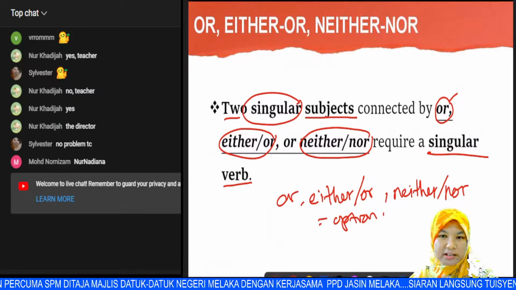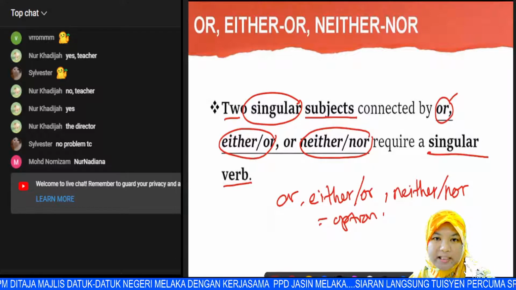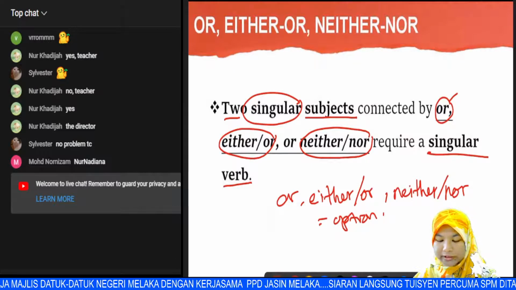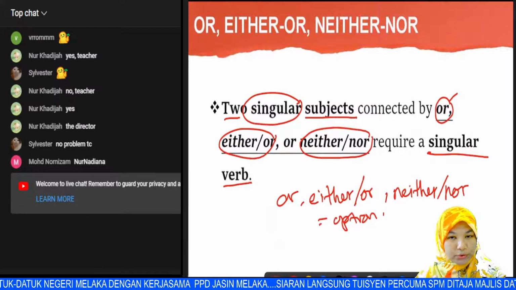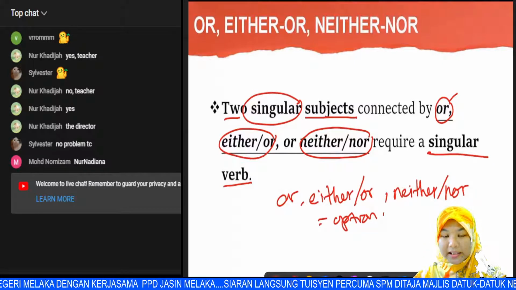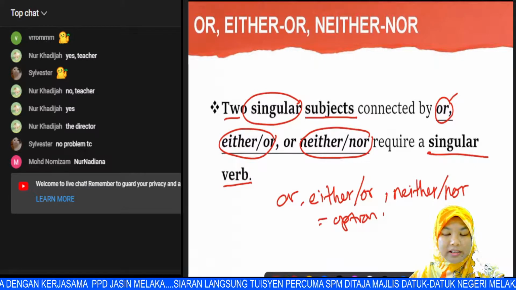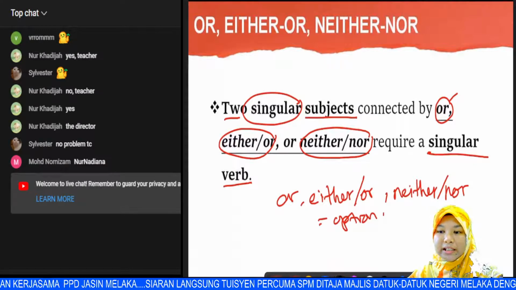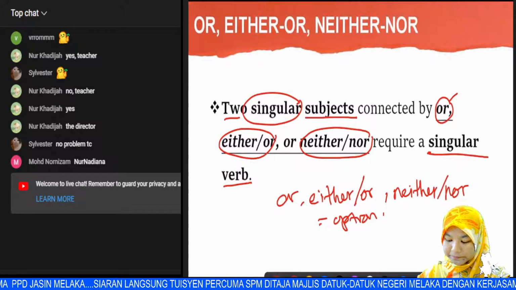I have shared a session on linkers and cohesive devices. I have explained that, so you can always go back and watch it. So remember, even though there are two singular subjects in the sentence, if they are connected by "or", "either...or", "neither...nor", it takes a singular verb. We will see some examples.